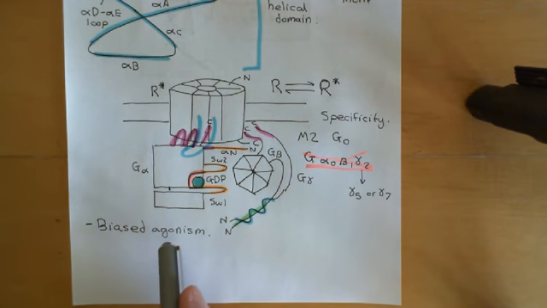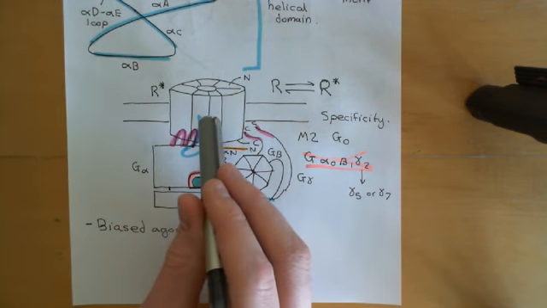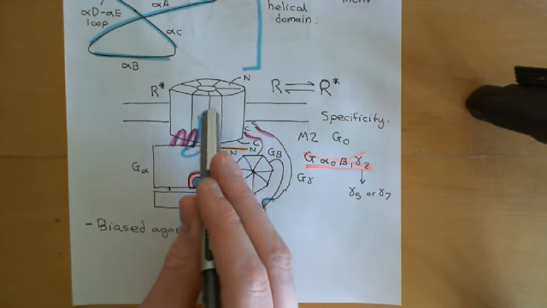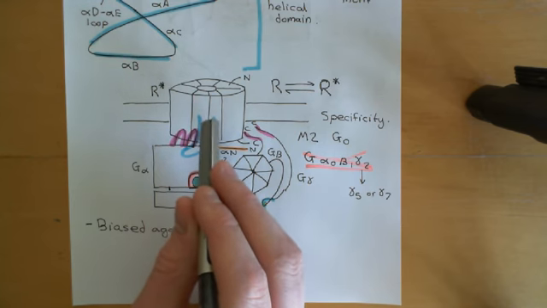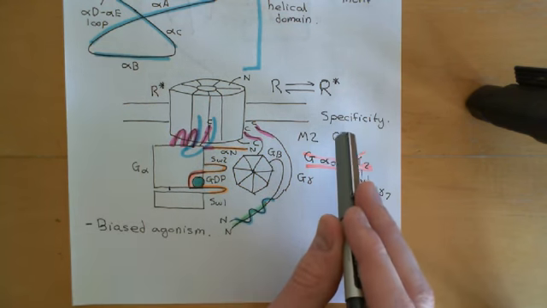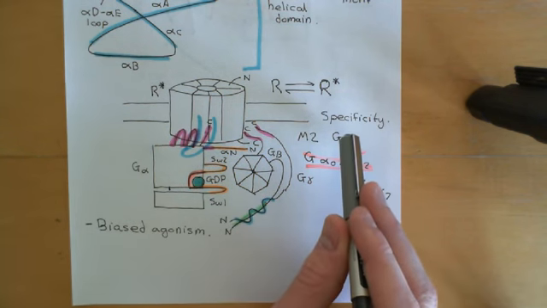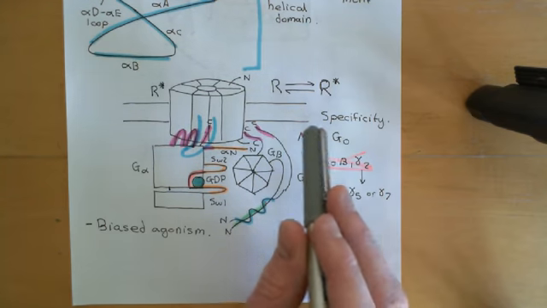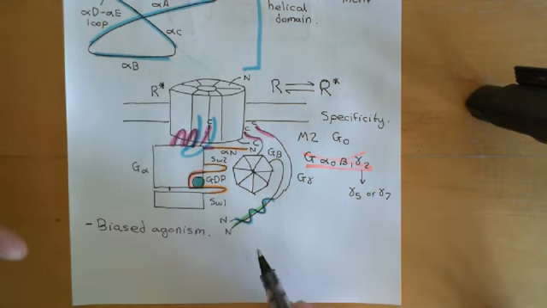Basically, different ligands binding to the G protein coupled receptor can actually change the conformation of the G protein coupled receptor in slightly different ways, and this can change the specificity of the G protein coupled receptor. Let me give you an example because that's probably the easiest way to explain this.